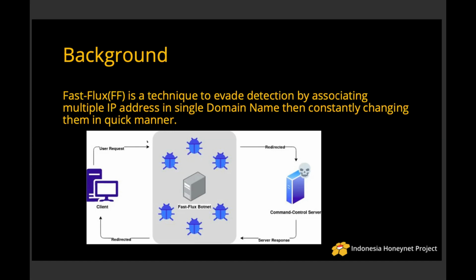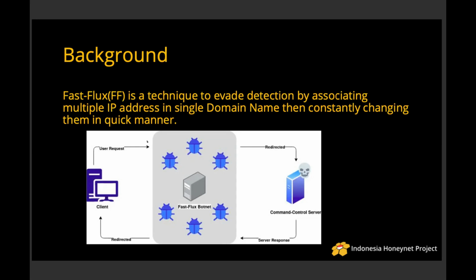There are 3 nodes. The left side is the client. The middle part is the fast flux botnet. Additionally, I want to inform you that fast flux usually uses botnets to carry out its technique. And the right side is the command and control server.